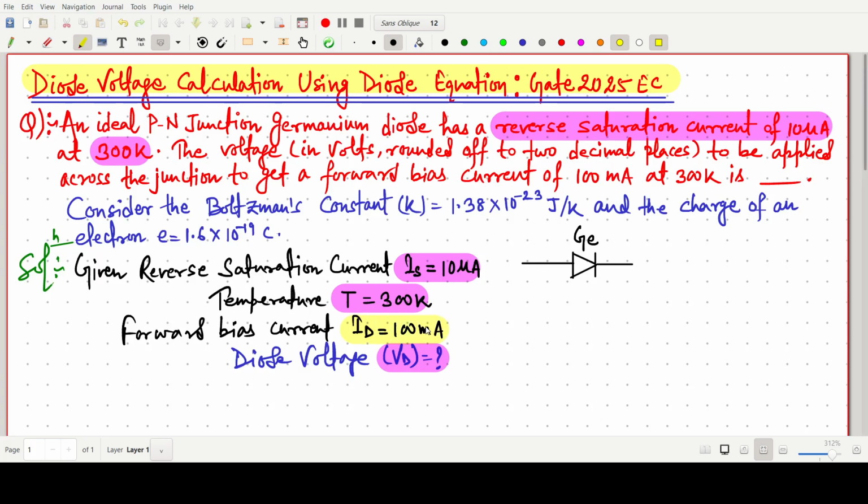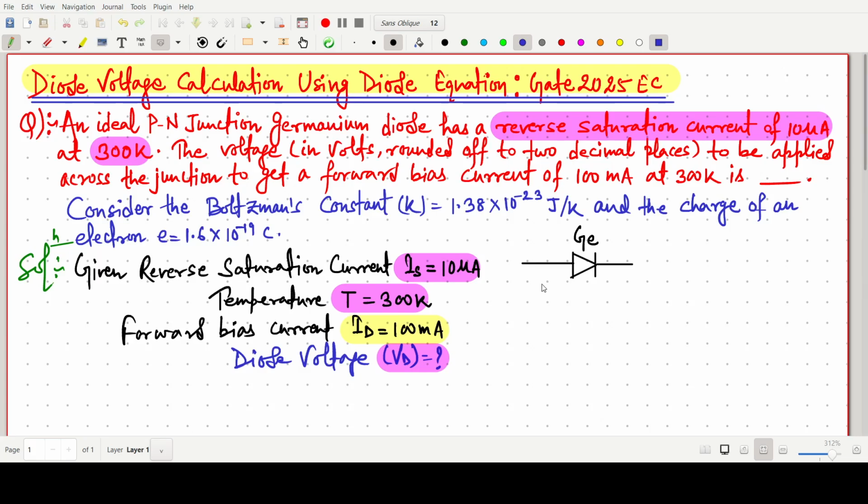In addition to that, the given thing is Boltzmann constant 1.38 into 10 to the minus 23 joule per Kelvin, and the charge of an electron, that is our e, or we can say the q, is 1.6 into 10 to the power minus 19 coulomb.